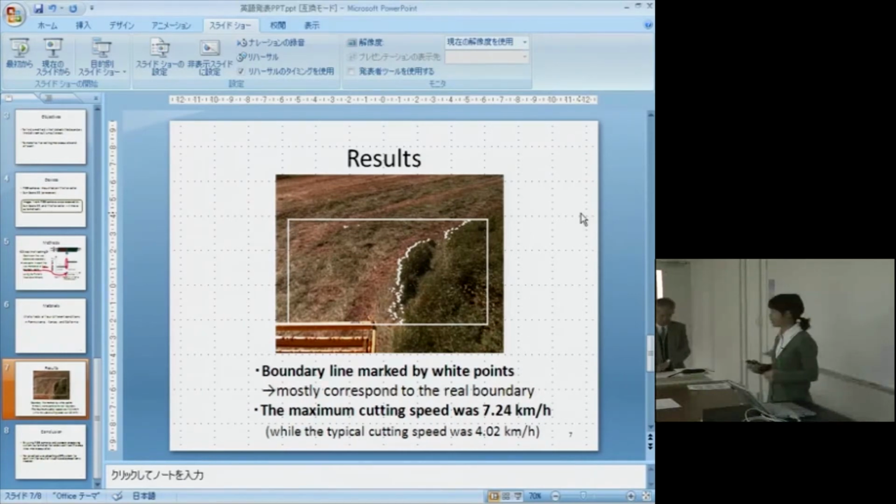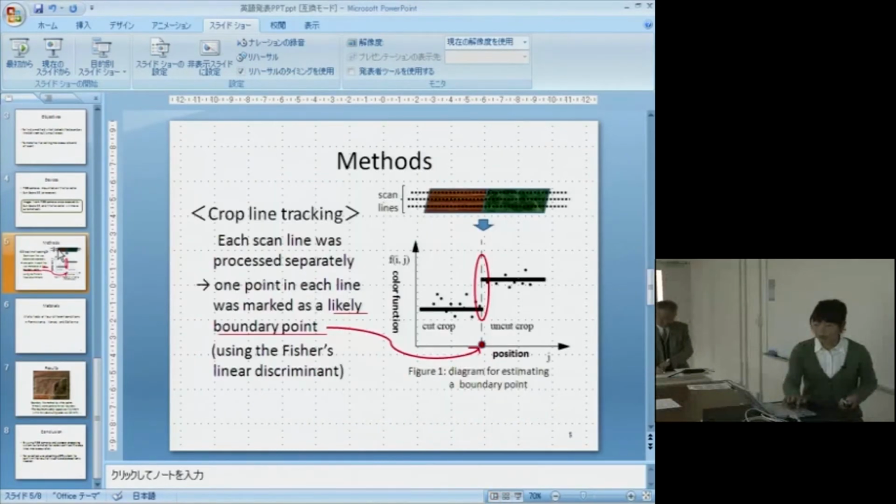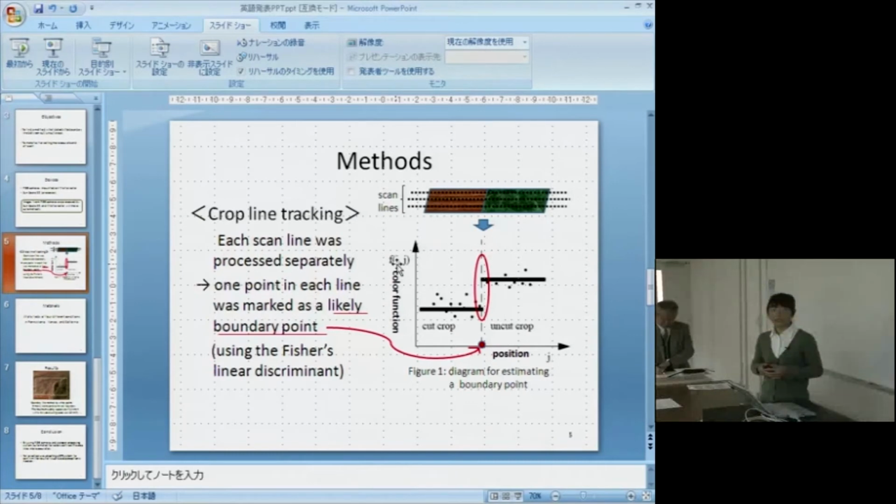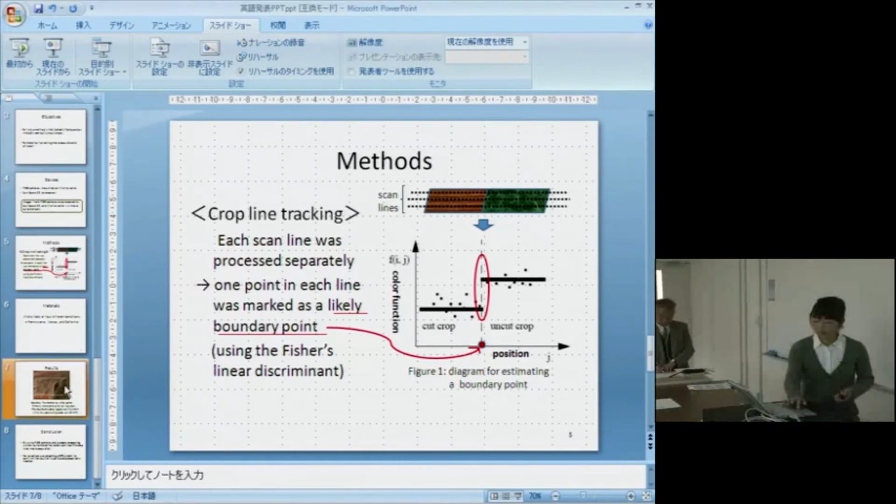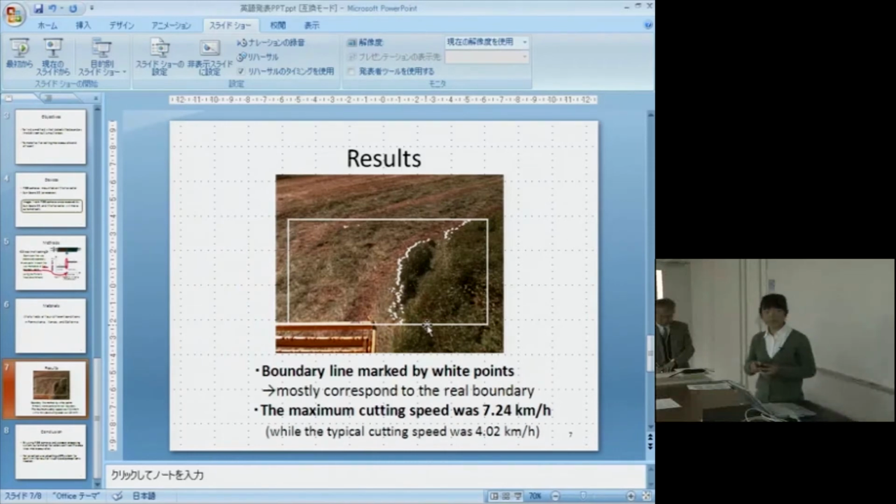After processing, as shown in this slide, one point per line is marked as a likely boundary point, and after processing all lines in this area, the boundary points form one line.